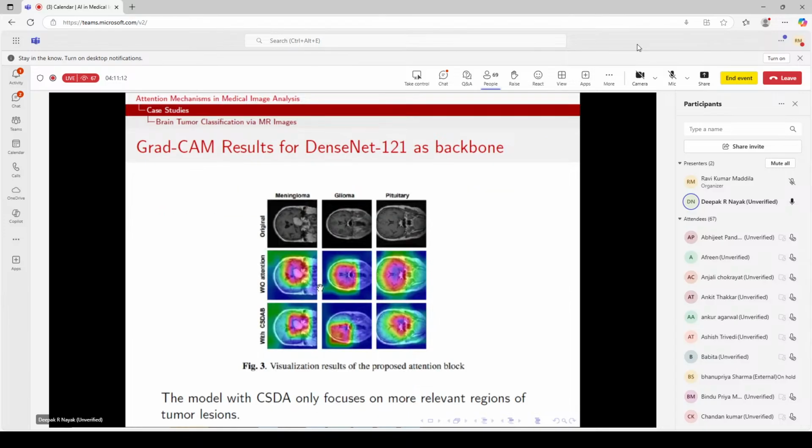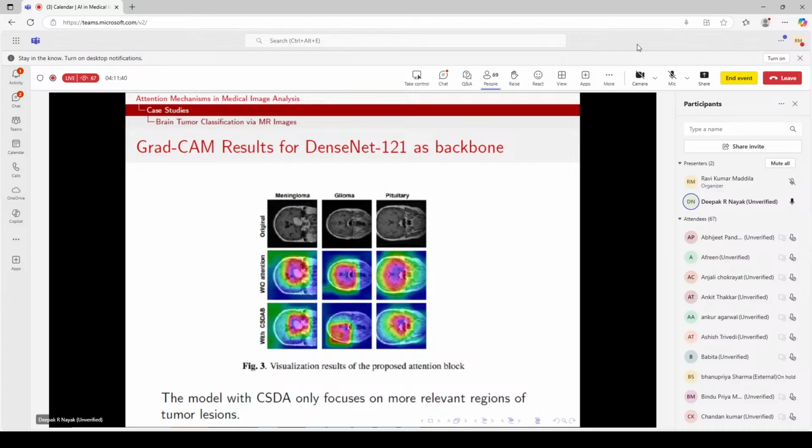If you look at the visualization results, this is the output, right? Here I have chosen only 3 samples, where the tumor region is clearly visible. Here also the tumor region is visible. Here also the tumor region is clearly visible, right? Without attention, if you look at the quantitative results, the accuracy is not significantly improved; the improvement is maybe only 2 to 3%.